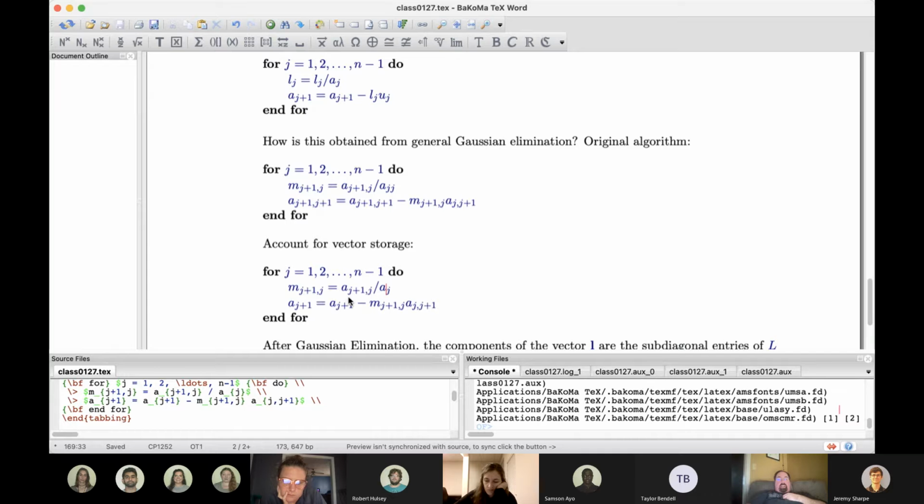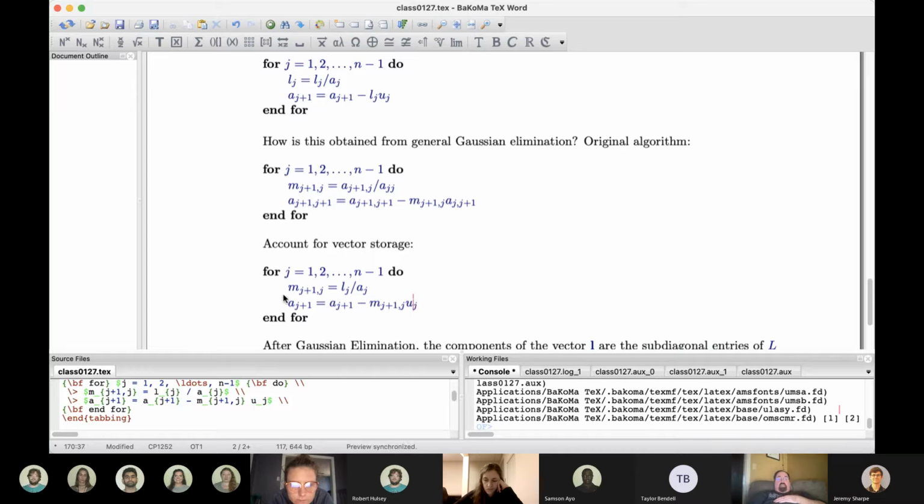So this would be entry j of L. And sure enough, we have L_j over A_j in both places. If we have a row index less than the column index, that would be above the diagonal. This is superdiagonal, so that's an element of a vector U. So this would be U_j.